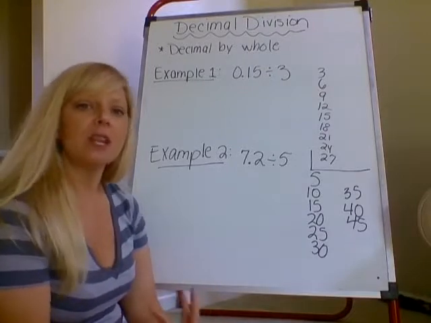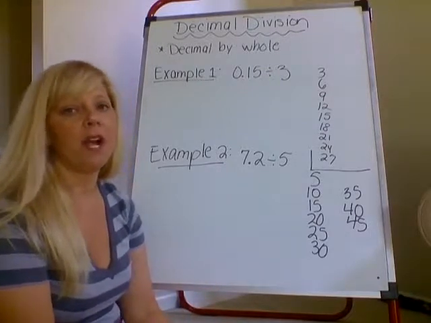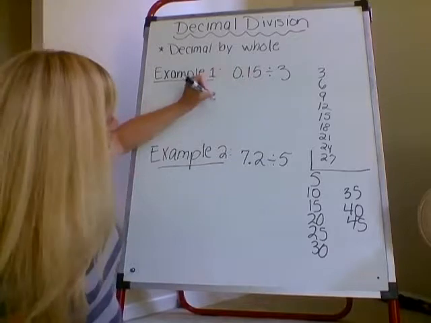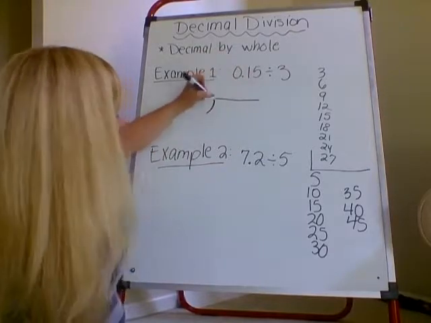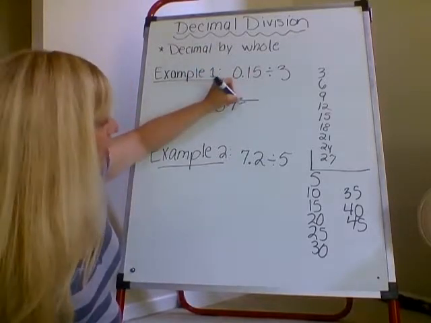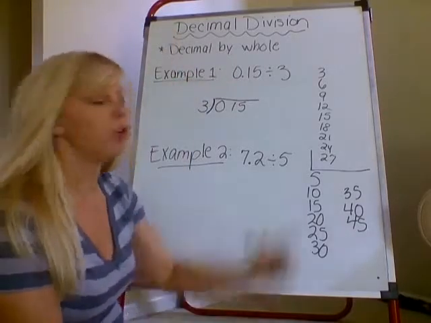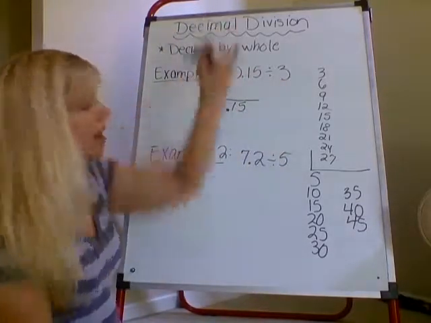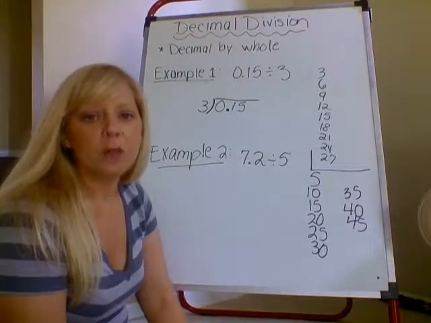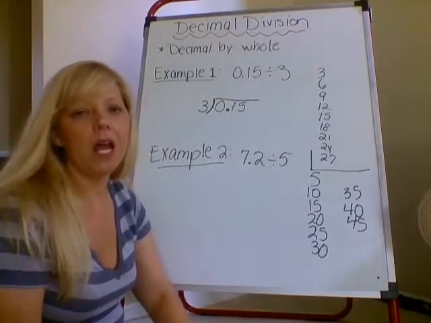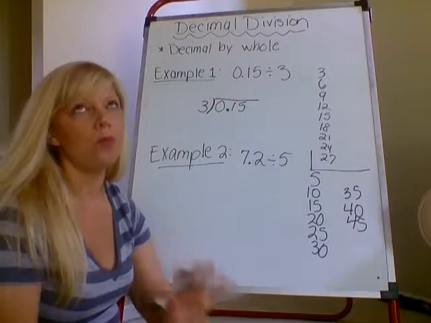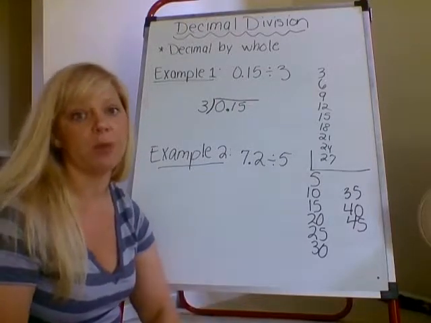All right, so let's think about that for a minute while we're doing our dividing. When we do our division, we have our 15 hundredths and we're dividing it into three equal groups. Now, same with multiplication of decimals, we kind of do it backwards in terms of the decimal placement.